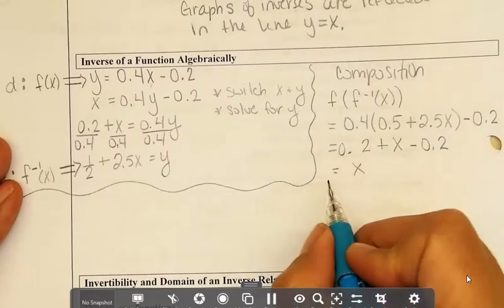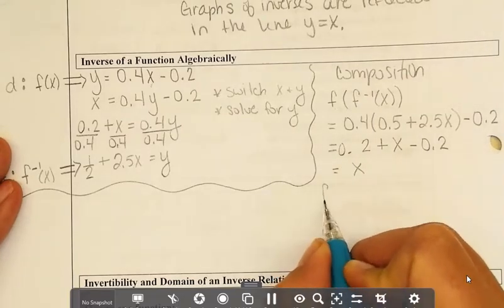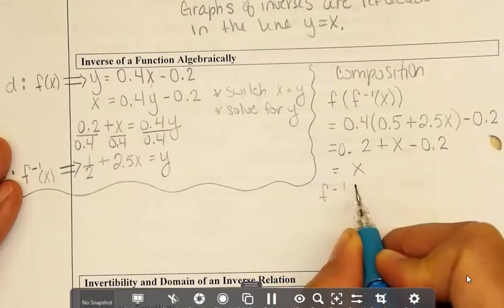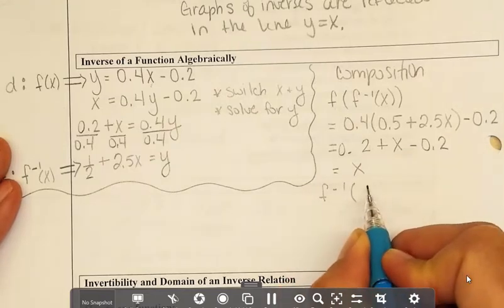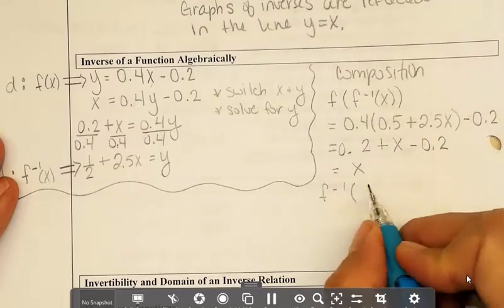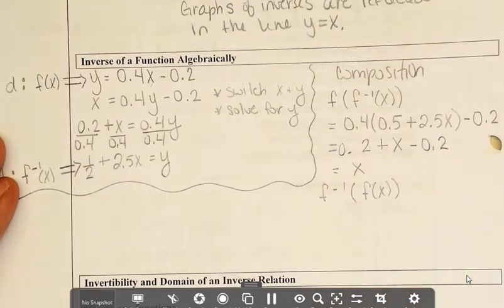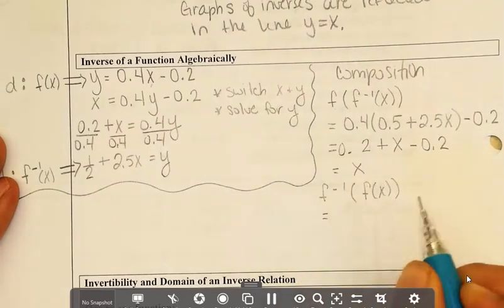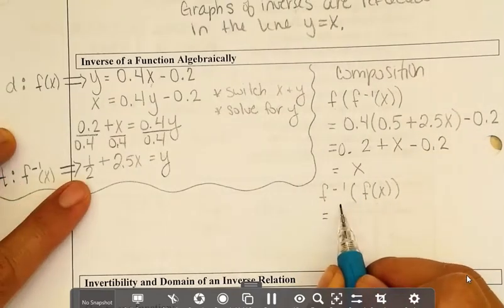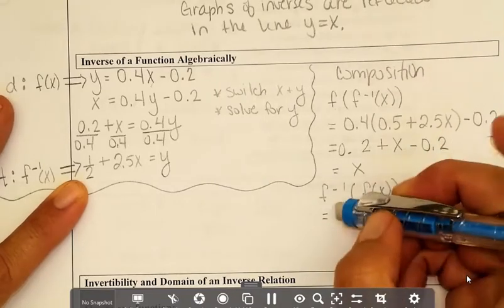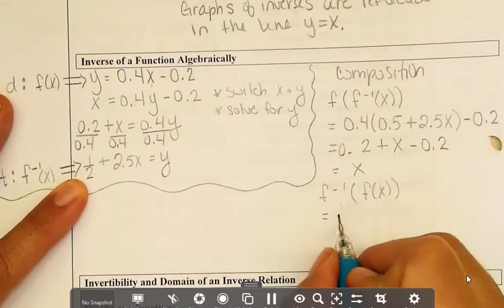So if I do the same thing with, let's try backwards. So now I'll take the inverse function, or the inverse relation, plug the original function into it. So what this is going to look like now is I'm going to take the inverse, which is 1/2, or 0.5. Work with all decimals.